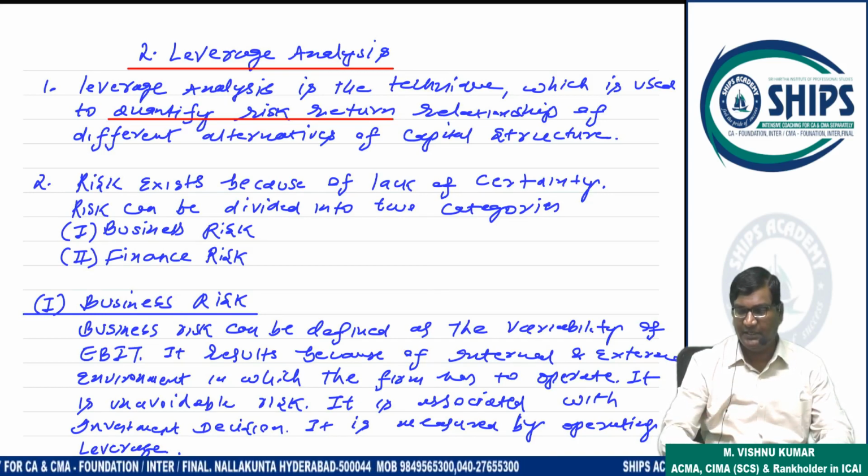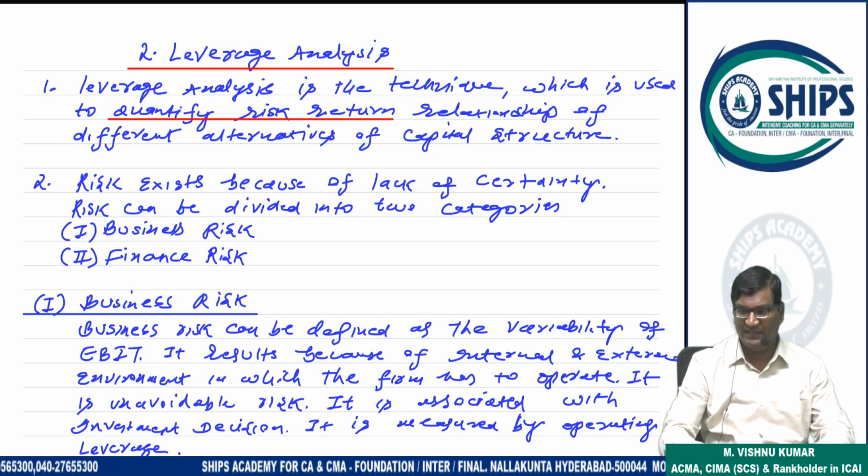In this we understand that if operating leverage is 1.5 and if sale is increased or decreased by 1%, then EBIT also increases or decreases by 1.5%. So there is a direct relationship between operating leverage and sales.